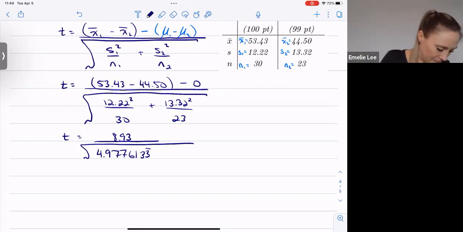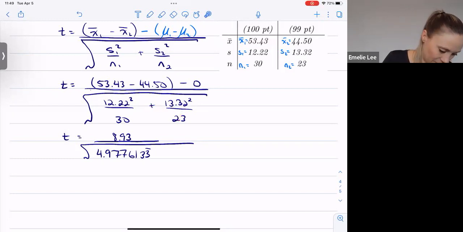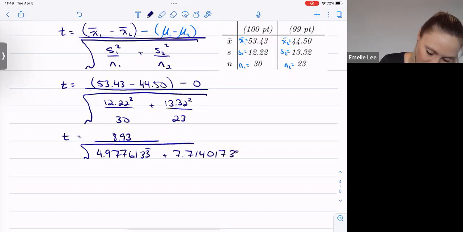So I'm going to store that and move on to my next calculation, which is going to start with 1332, square it, then divide by 23, and then I can add this value. 1332 squared divided by 23 puts me at, so plus 7.714017391.